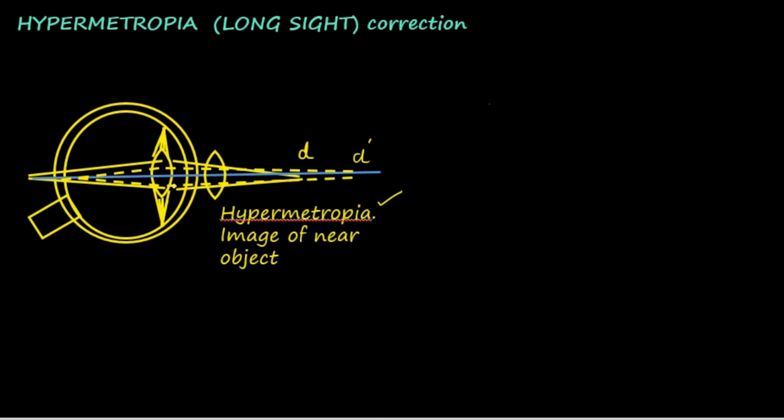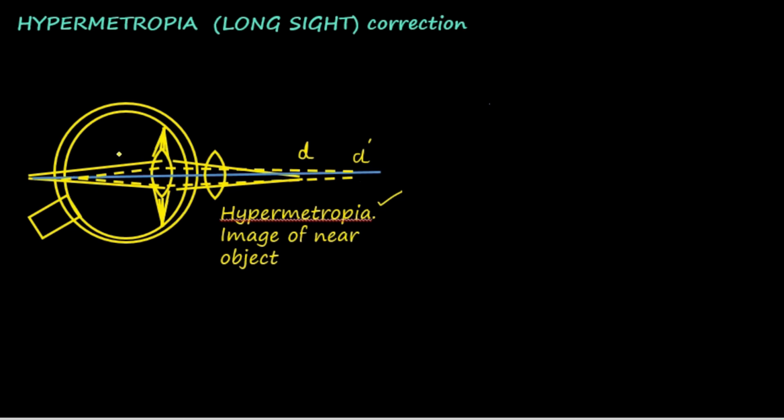These dotted lines strike the crystalline lens, undergo further convergence and meet at the point on the retina where the image is formed. Now the person can see the object. Image of the object which was at this point is now shifted to this point, that is on the retina.